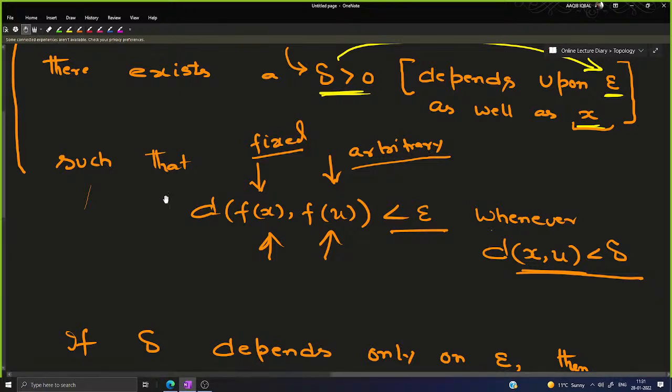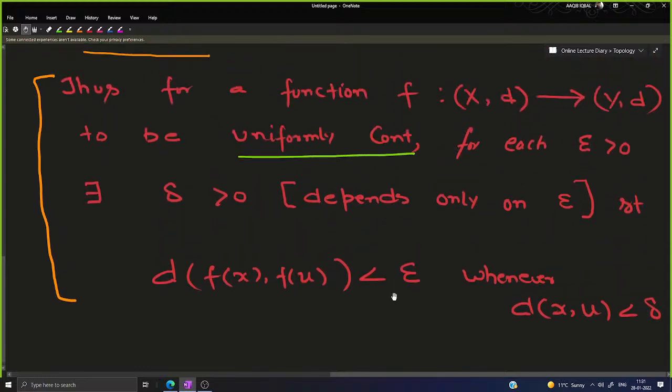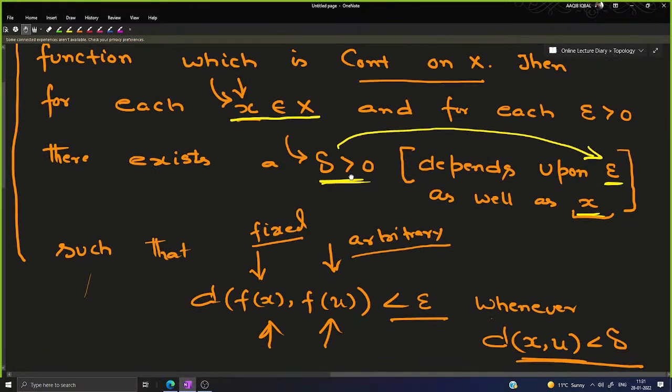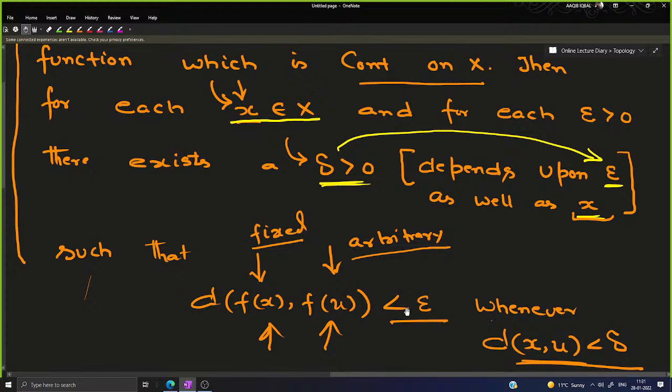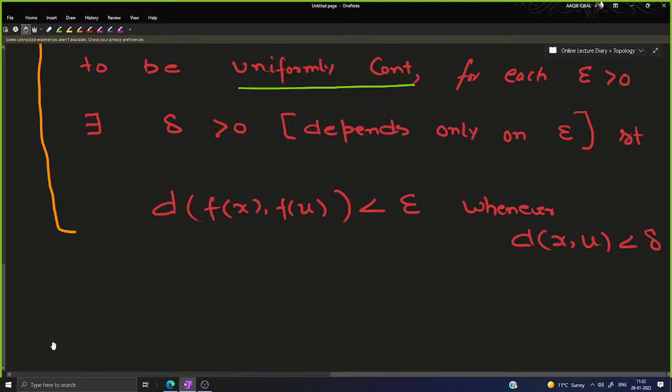On the other hand, अगर आप uniform continuity में देखेंगे, क्या लग रहा है आपको? यहाँ भी दो पॉइंट्स हैं x and u, बट यहाँ दोनों आर्बिट्रेरी हैं, यहाँ कोई फिक्स्ड नहीं है. रीजन इज, यहाँ आप x को भी चेंज कर सकते हैं. ऊपर वाली ऑर्डिनरी कंटिन्यूटी में आप x चेंज नहीं कर सकते, बिकॉज द मोमेंट यू चेंज x, डेल्टा विल चेंज. सो यहाँ आप खाली u चेंज कर सकते हैं, x को आप चेंज नहीं कर सकते. वेयर एज नीचे जो यूनिफॉर्म कंटिन्यूटी है, यहाँ आप x भी वैरी कर सकते हैं और u भी वैरी कर सकते हैं. यहाँ दोनों वेरिएबल्स हैं x and u.